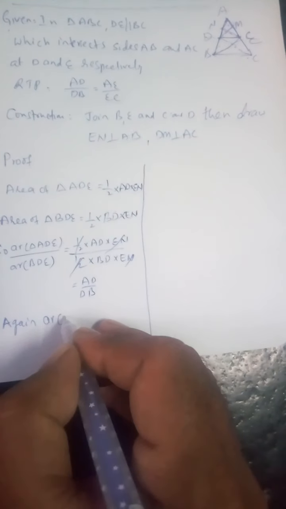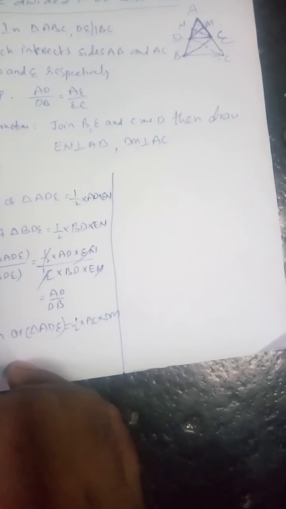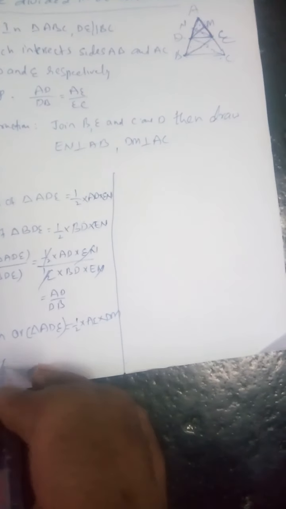Next, again, area of triangle ADE, now taking this as the base, is equal to half into AE into height DM. Next, area of triangle CDE is equal to half into EC into height DM.